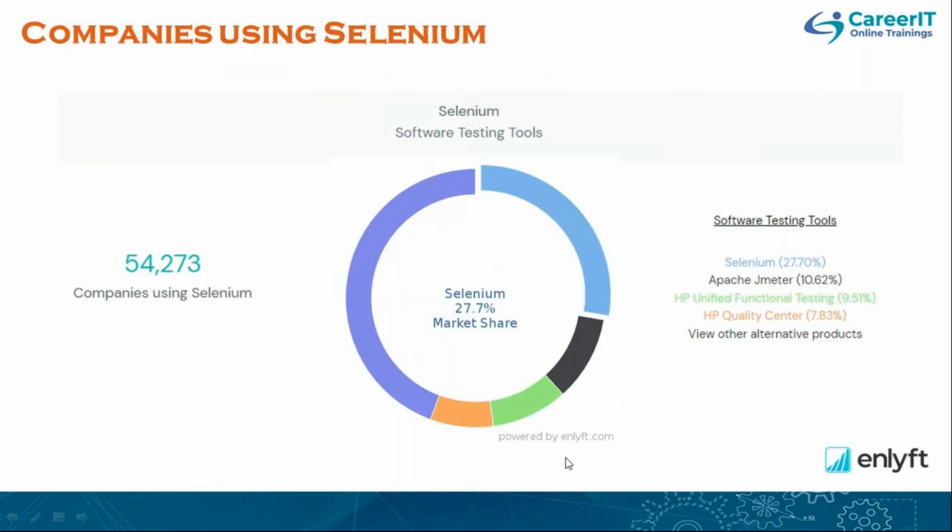This is one of the interesting surveys done by the nlift.com company, where they found 54k companies are using Selenium, guys. Okay, that means there are a lot of companies using Selenium. I took this graph 2 weeks back actually, and this number might have increased also. Okay, yeah, this is one interesting tool which has a market share of 27%.